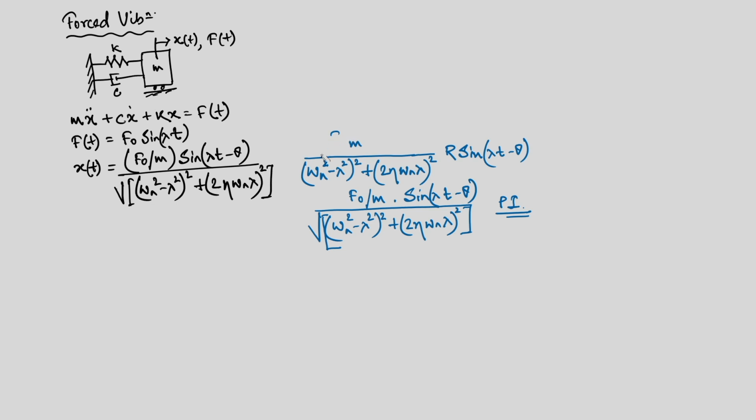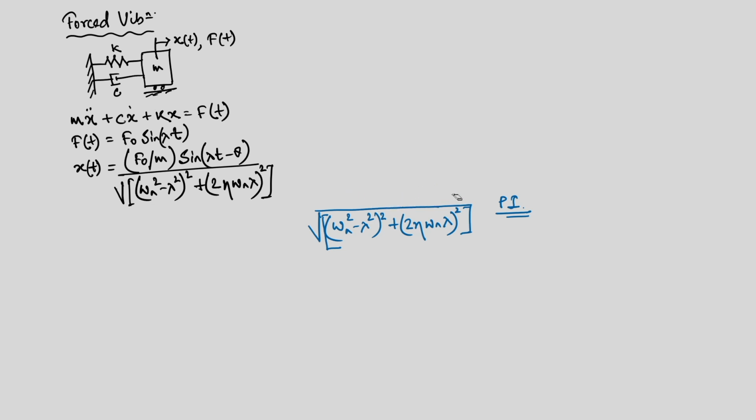Fine. So, now you see we have a dynamic system whose natural frequency is omega n. So, if you see the expression, what is omega n? It is square root of k by m. So, if you know the stiffness and mass of the system, we can easily calculate the natural frequency.